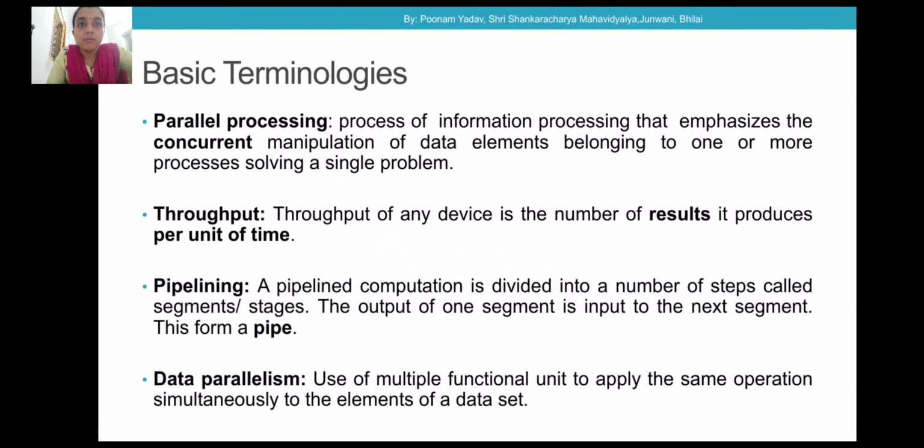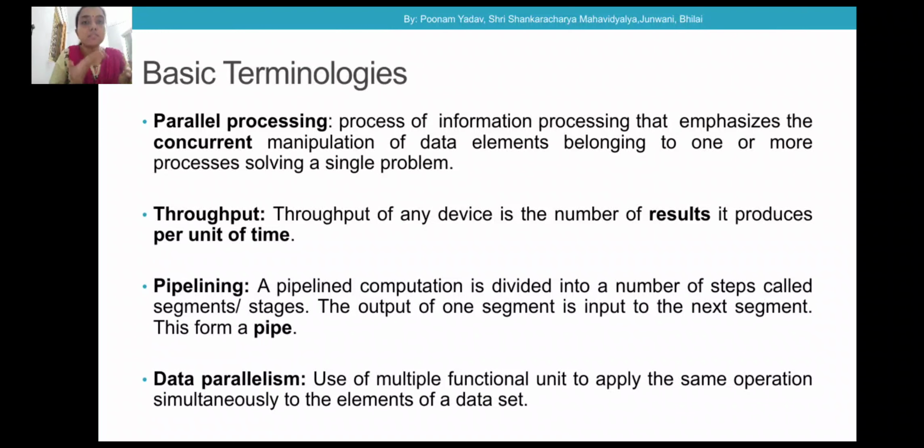Now the basic terminology. Parallel processing: a process of information processing that emphasizes the concurrent manipulation of data elements belonging to one or more processes solving a single problem.